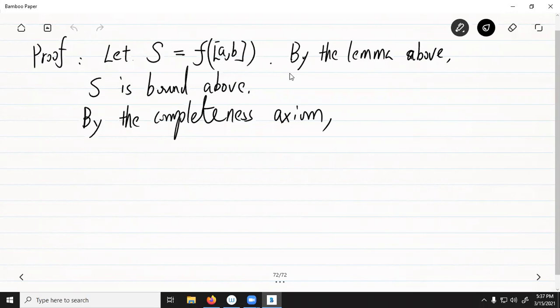Do you remember that? We have these two results. So now we just use the completeness axiom. It says this S is a set of real numbers which is bounded above, so the supremum of S exists.